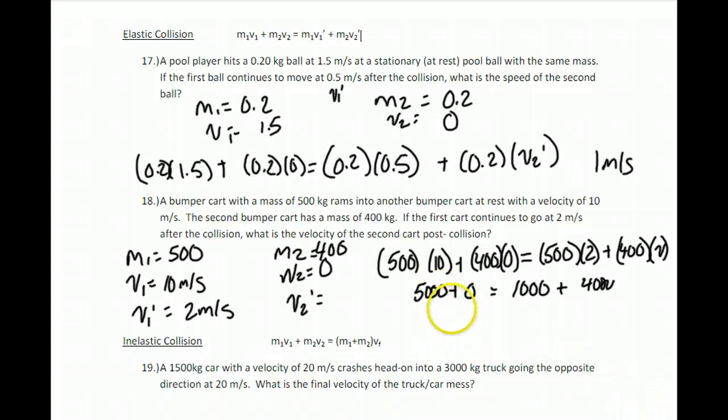This is going to be 4,000 equals 400 V, and so V is going to equal 10 meters per second.